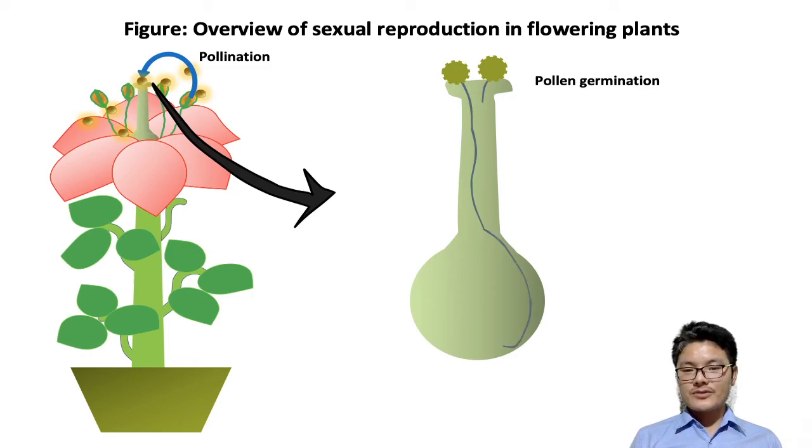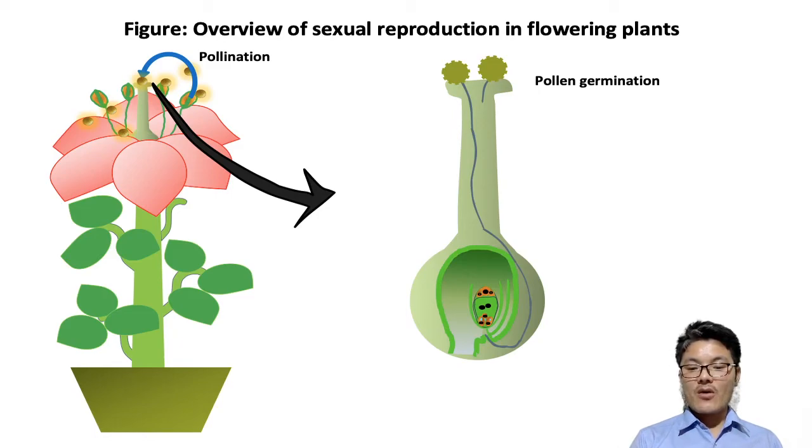Pollen germination occurs and the pollen tube forms, which finally enters inside the ovule. We said that inside the ovary we have the ovule. Ovule is also known as megasporangium. Now within the ovule we have the embryo sac.